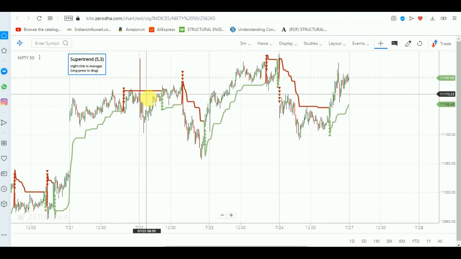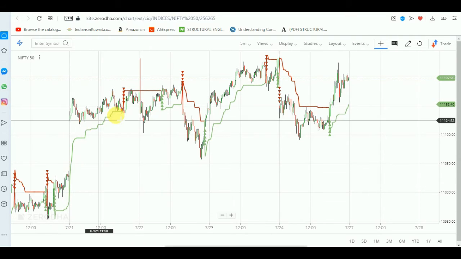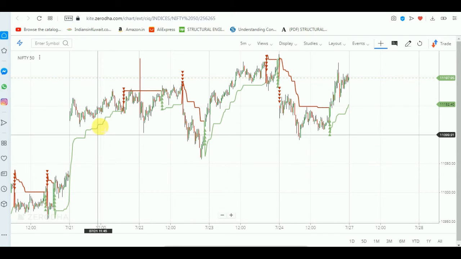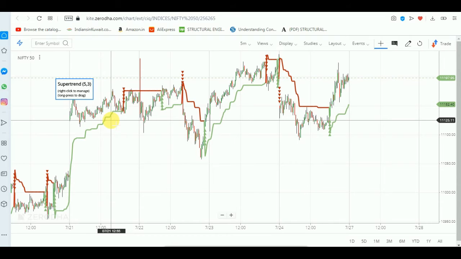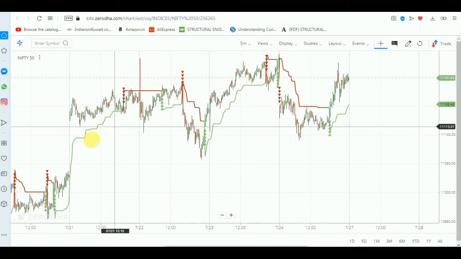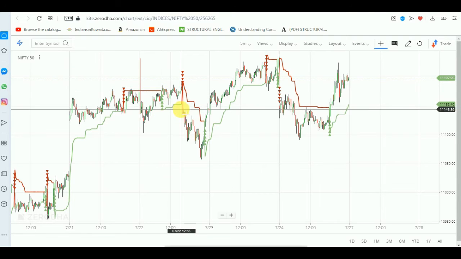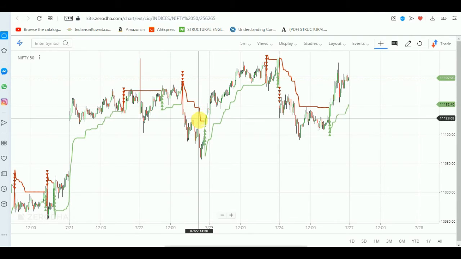Yes, now you can see the clear change in the trend lines. Which means that if you reduce the multiplier, then the signal will change drastically, right? Here it is green, then suddenly it shows some red, again a small green, then again red.